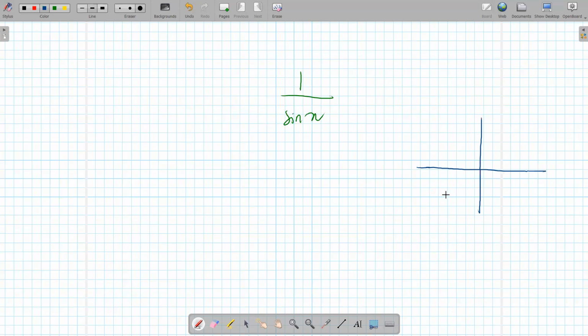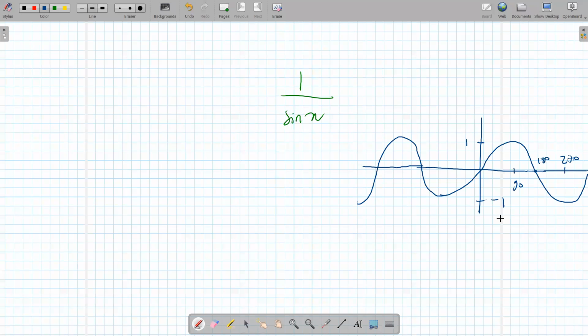I don't know if we did the graphing bit, but sine x looks like this, and it keeps going to infinity in both left and right directions. At this point, the angle is 90, the y value is 1. At 180, the y value is 0. At 270, the y value is -1.